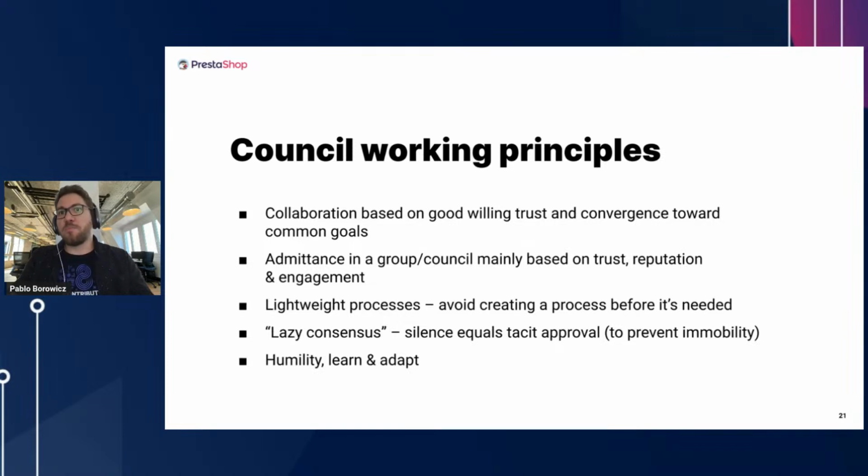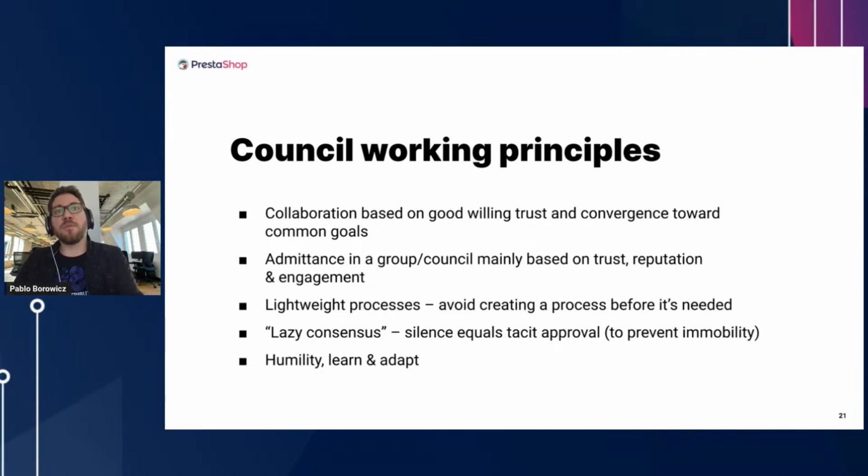Reputation is also very important because, for example, when a company hires a person to work with you, there's usually an interview. There's maybe, if it's a technical role, probably going to be a test, and this is a way to build trust in that person. So you say, okay, if this guy managed to pass this test, it means that he knows what he's doing.